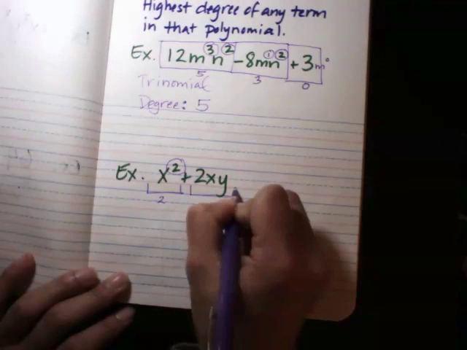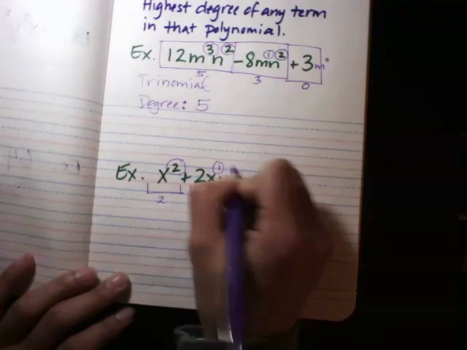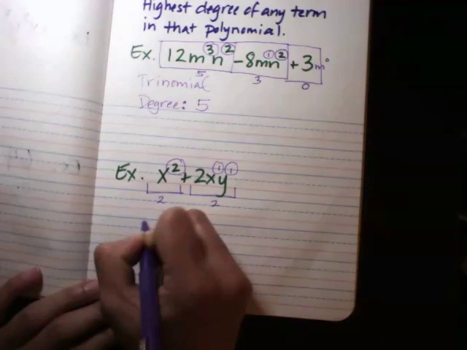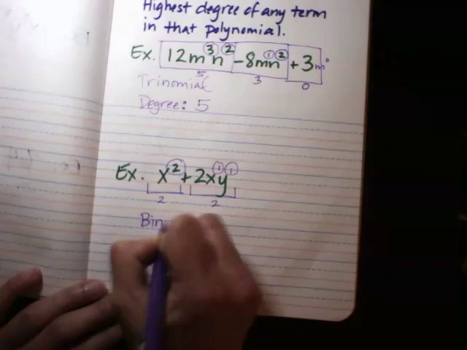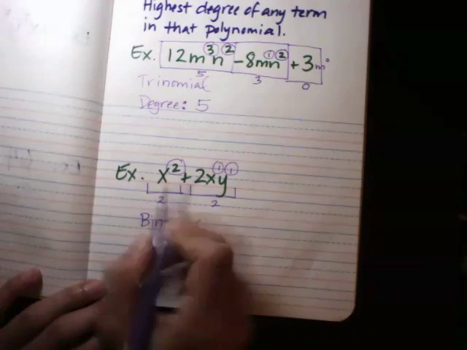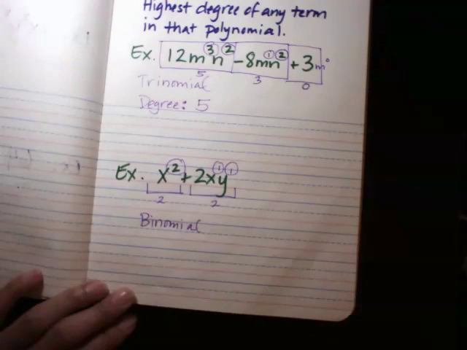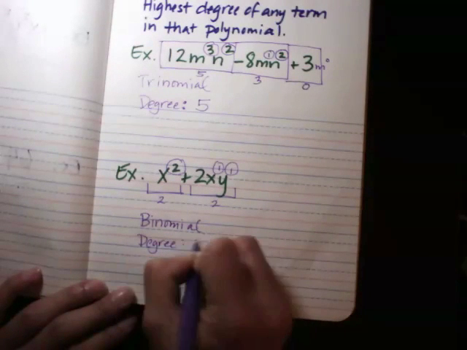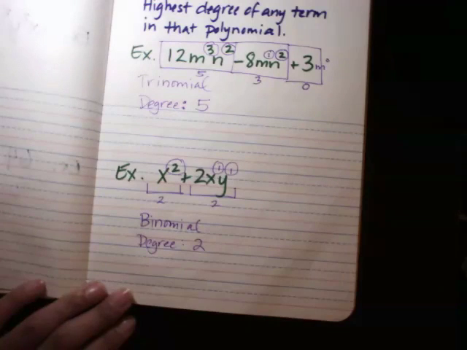Degree for the second term, 1 and 1, 1 plus 1 is also 2. So the degree for this binomial, there are 2 monomials attached by addition, is 2, the highest number.